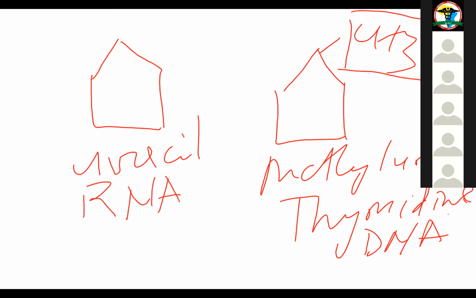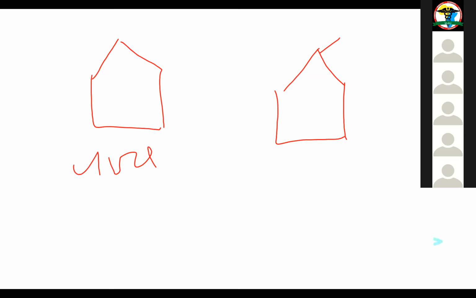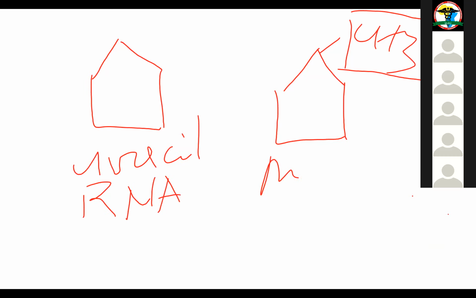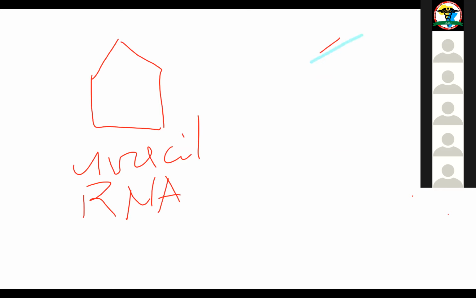Do you guys understand? So in order to add this CH3 to your uracil, this CH3, that is the methyl group, must come from somewhere, right? Now, where does the methyl group come from? Anyone? From the dihydrofolate. Thank you so much.